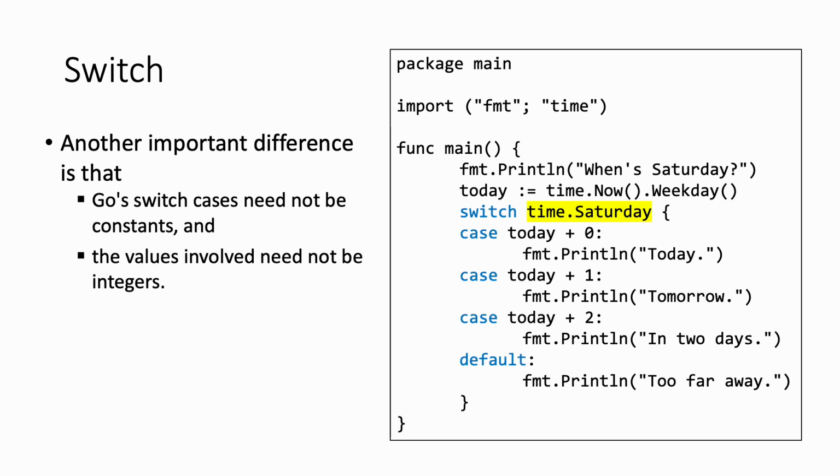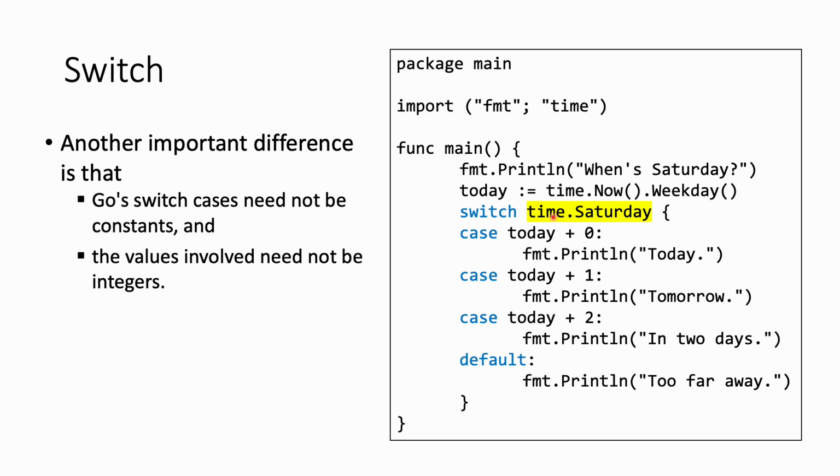Another important difference between Go's switch and C, C++, and Java's switch is that Go's switch cases need not be constants, and the values involved need not be integers. For example, in this program, we write a switch statement to check when the next Saturday is.